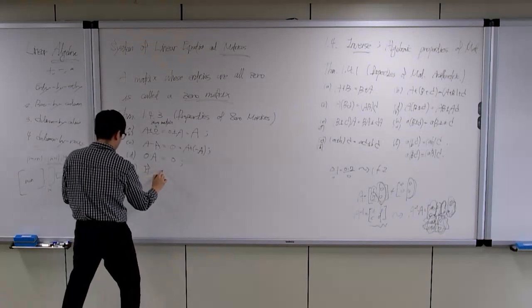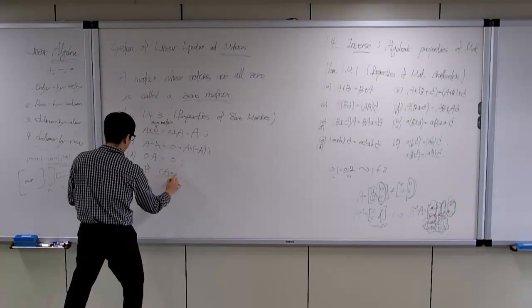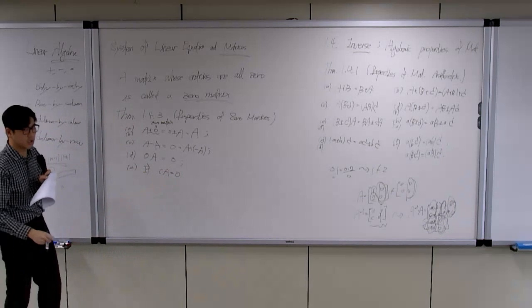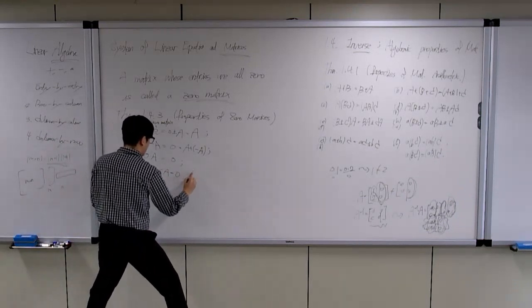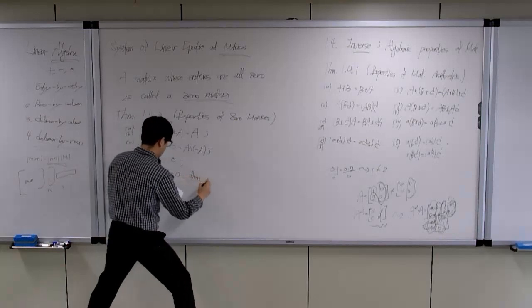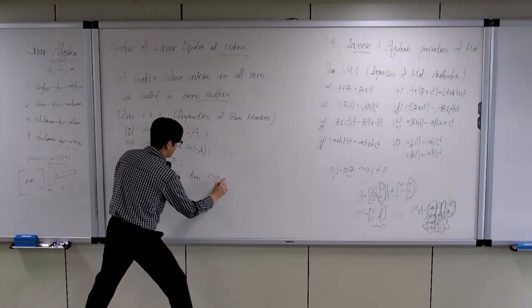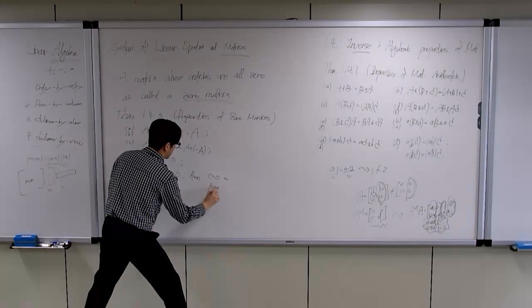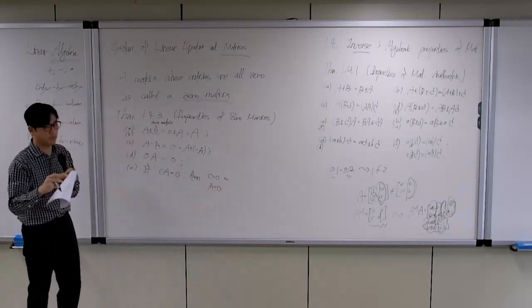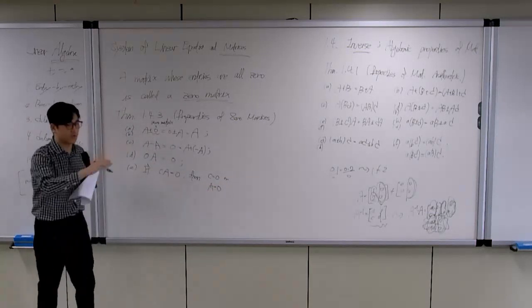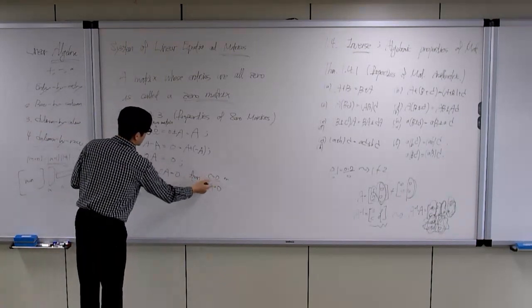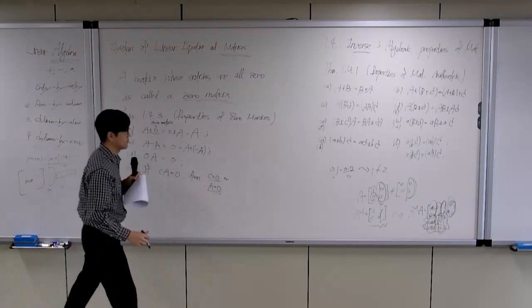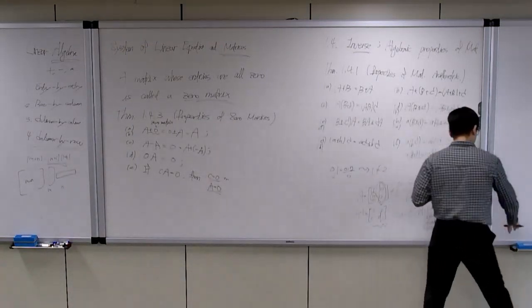And also, if a scalar multiplication cA equals 0, then it means c equals 0 or A equals the 0 matrix, because to be 0, all entries should be 0. So there are two kinds of answer.